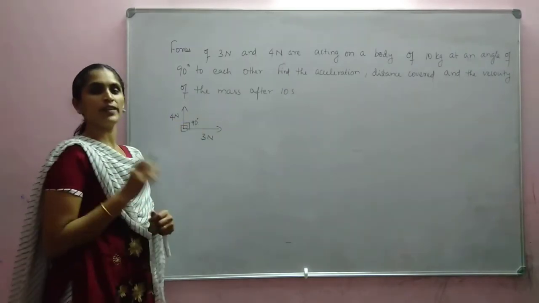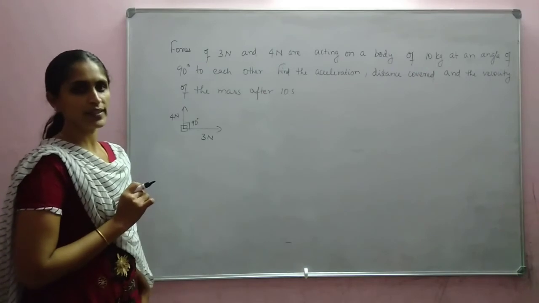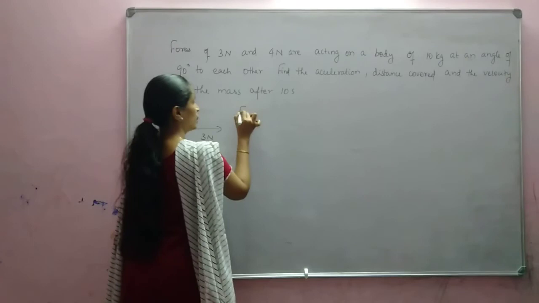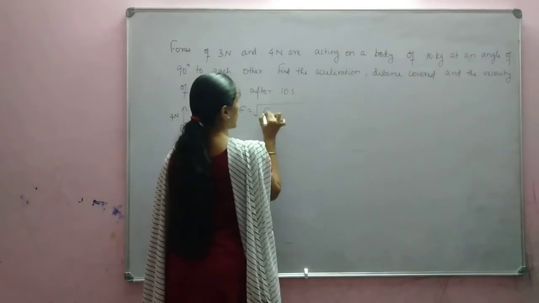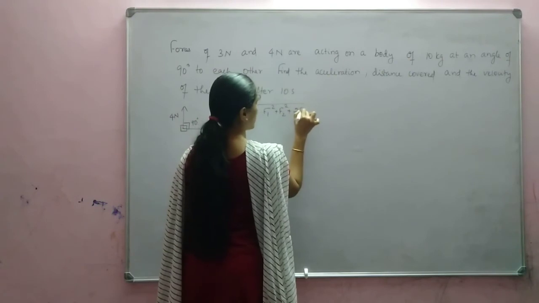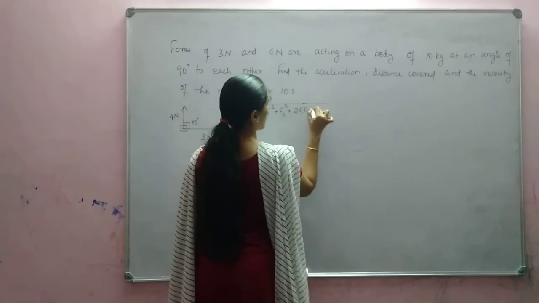So first of all we have to find the resultant. How to find the resultant? We have to apply parallelogram law of vector addition. F is given by root of f1 square plus f2 square plus 2 f1 f2 cos theta.